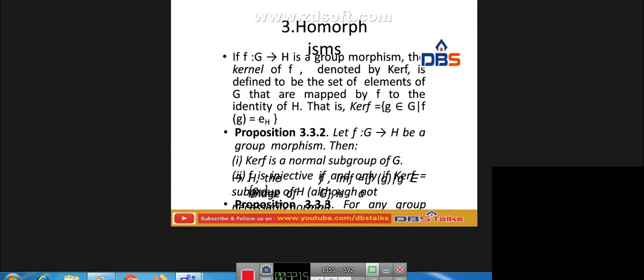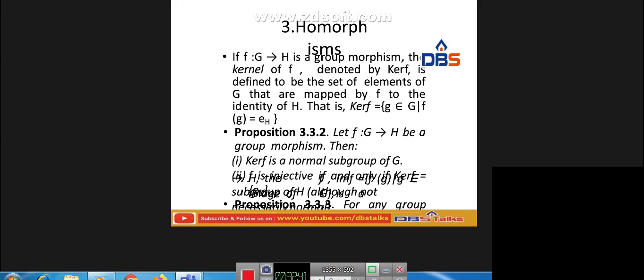If f: G → H is a group morphism, then the kernel of f, denoted by ker f, is defined by the set of elements of G that are mapped by f to the identity of H. That is, ker f = {g belongs to G such that f(g) = eH}.